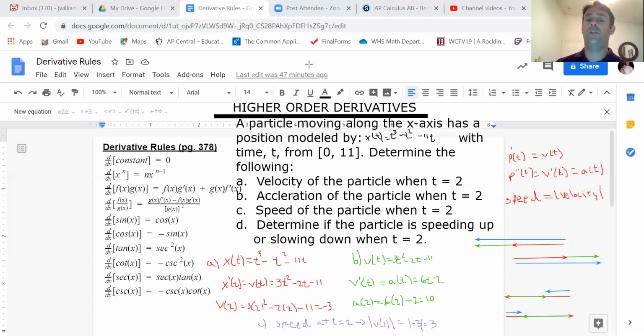If velocity and acceleration have the same sign, it's speeding up. If velocity and acceleration have opposing signs, it is slowing down. So let's see if we can't write that here. Speeding up. If it's speeding up, that means velocity and acceleration have the same signs.